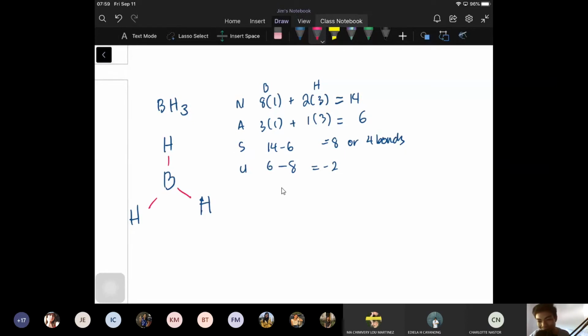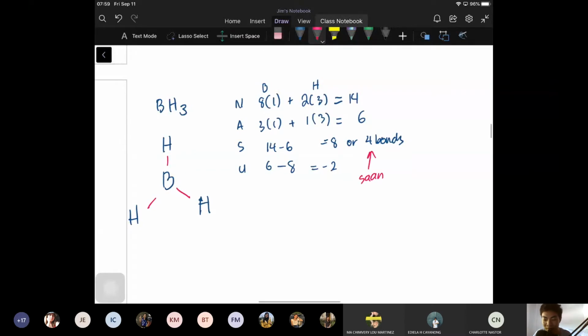Tapos may negative na lone pair pa. So that means, our NASU rule will not work for this molecule. Saan mapupunta yung extra? I don't know. Extra. Bakit may negative na?